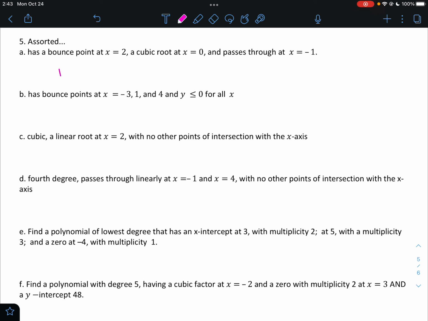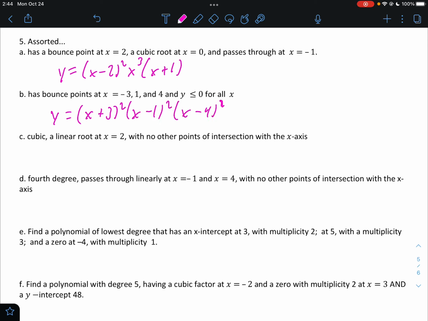All right, so for A, maybe we have x minus 2 squared, x cubed, and x plus 1. For B, bounce points at -3, +1, and +4, right?